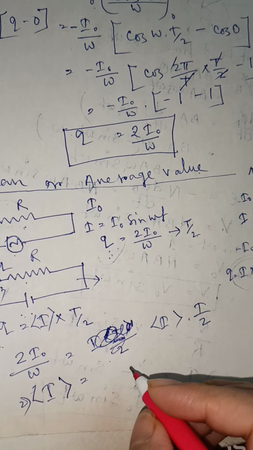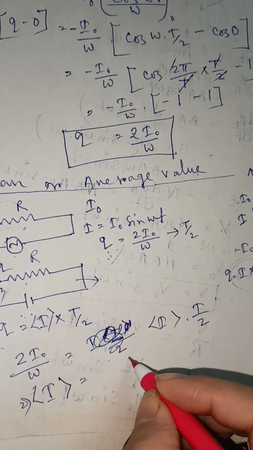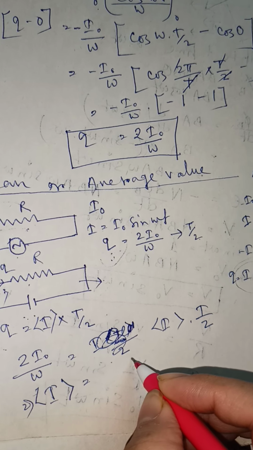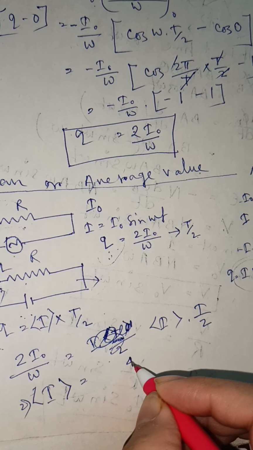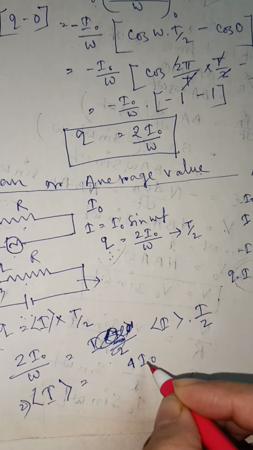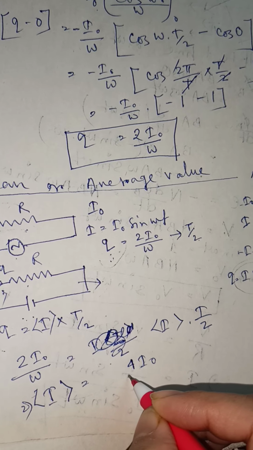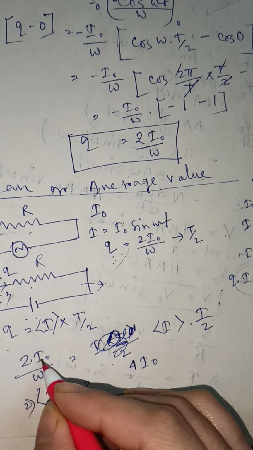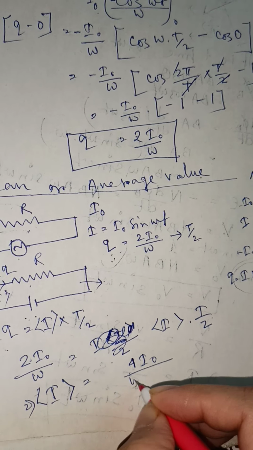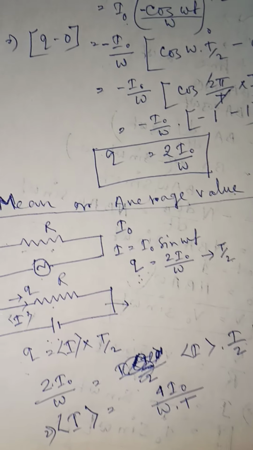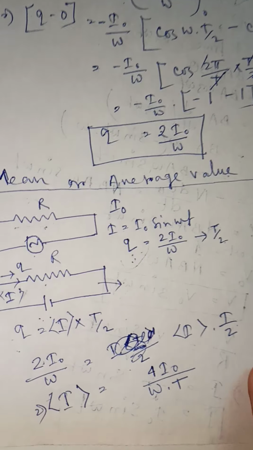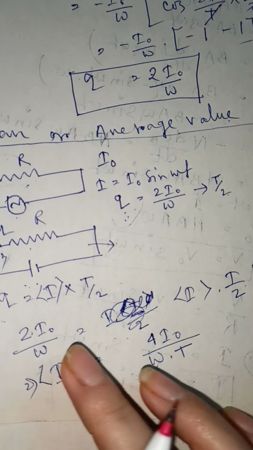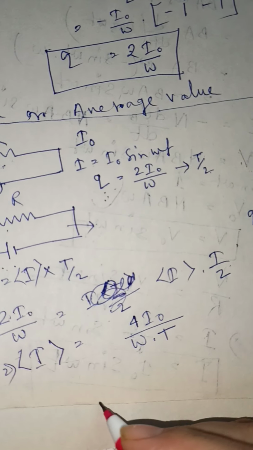So I average equals 4 I naught omega into T, right?